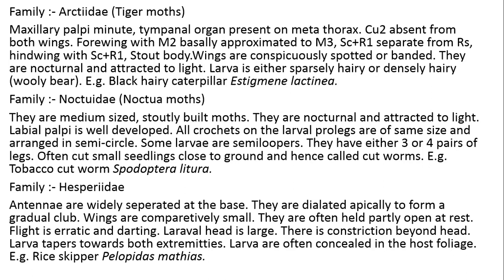Flight is erratic and darting. Larval head is large. There is constriction beyond the head. Larva tapers towards both extremities. Larvae are often concealed in the host foliage, for example, rice skippers, Pelopidas mathias, is the example of this family.